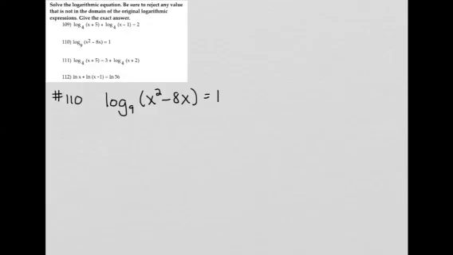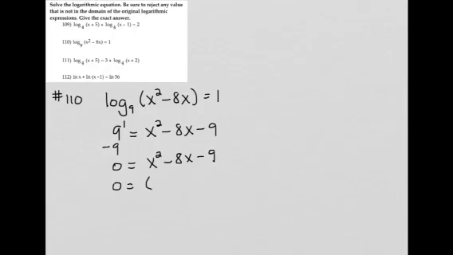So I can go directly to 9 to the power of 1 equals x squared minus 8x. And of course 9 to the power of 1 is just 9. So I'll subtract 9 from both sides. And that gives me 0 equals x squared minus 8x minus 9. And this will factor.